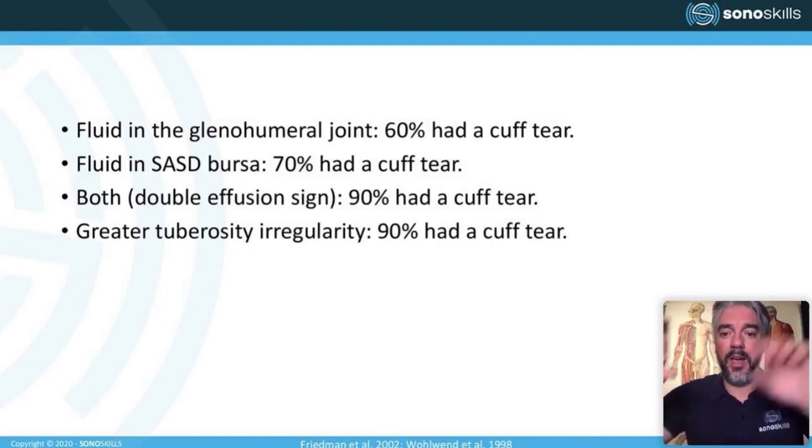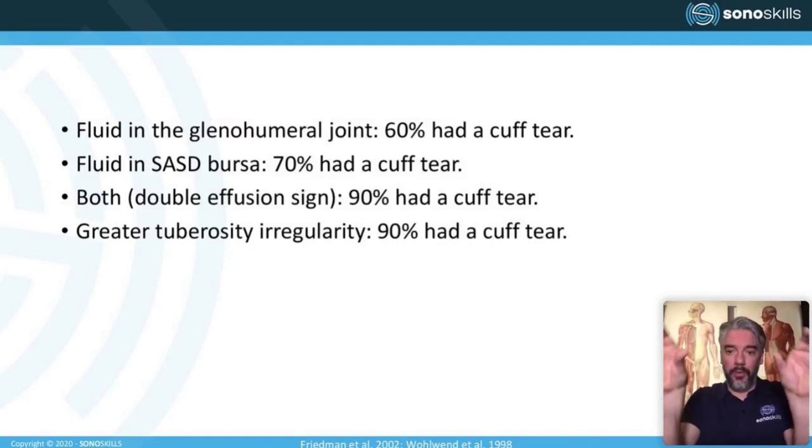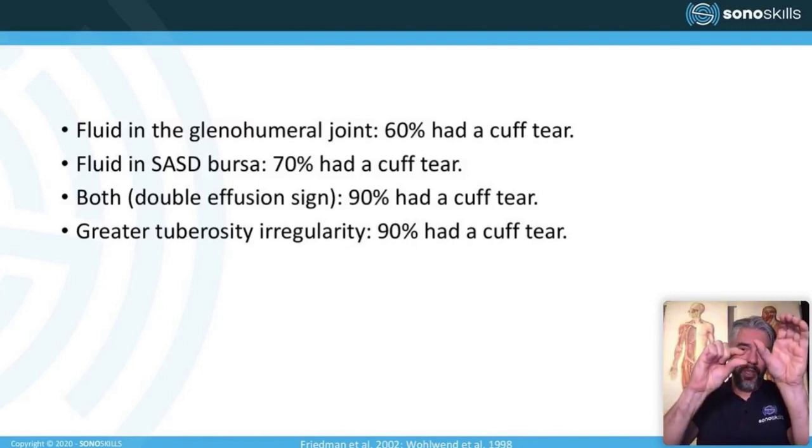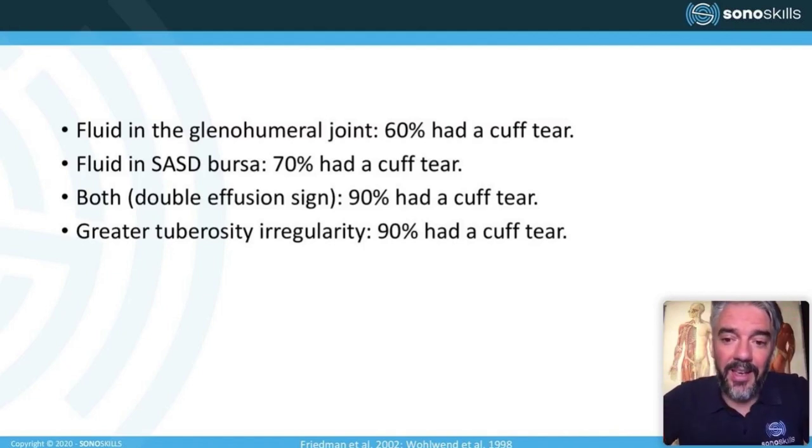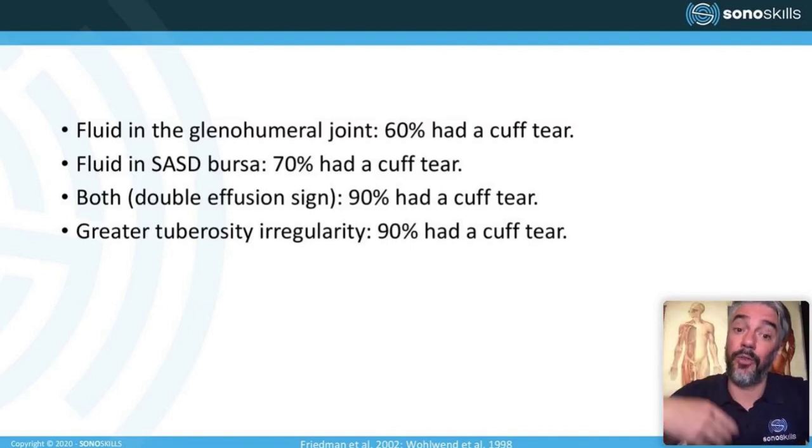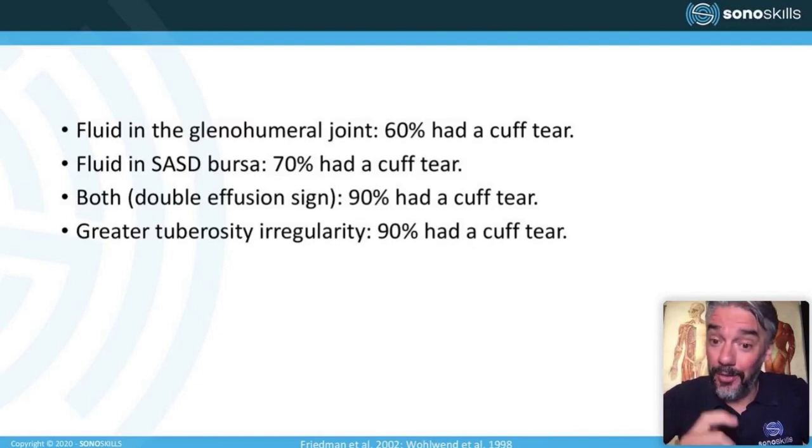If you have the transverse supraspinatus, and you can see on the humeral head the hyaline cartilage thickness increase, you also know that the fluid has been increased in the glenohumeral capsule. But also if you have this biceps halo, this is also glenohumeral joint fluid. So this can add to the double effusion sign. And greater tuberosity irregularity, 90% has a cuff tear. So this is a strong correlation.